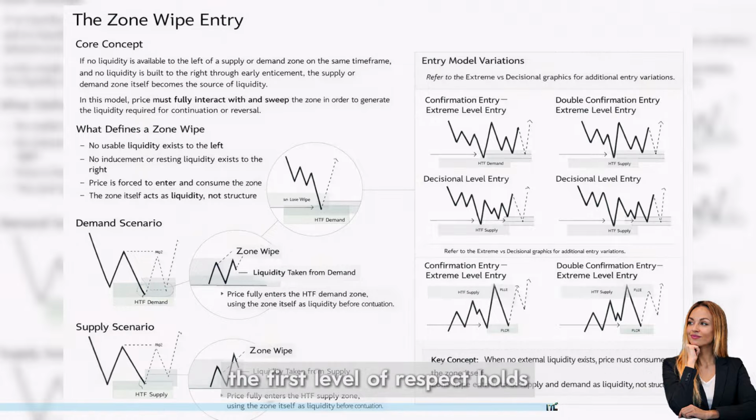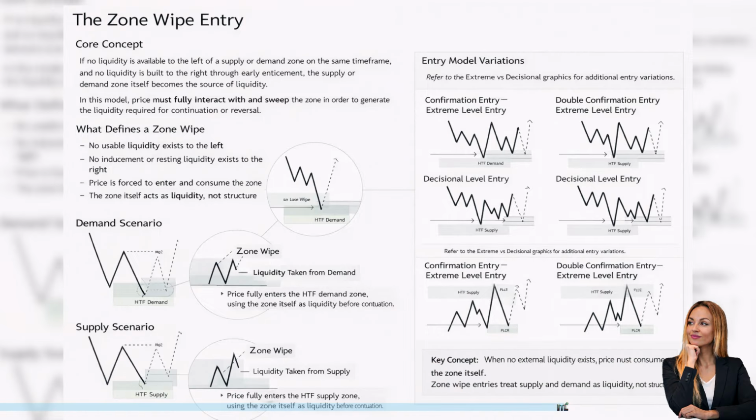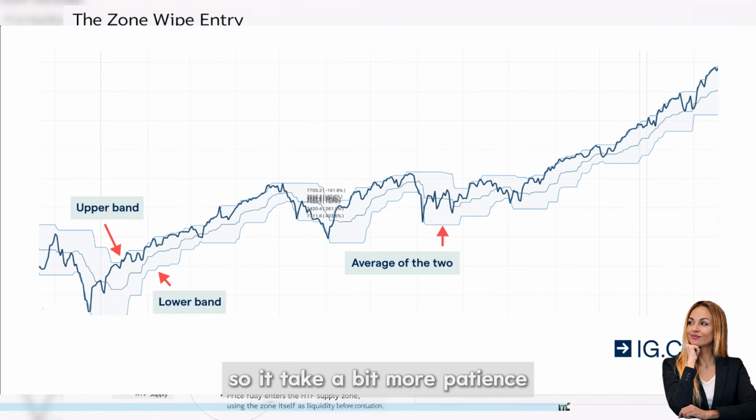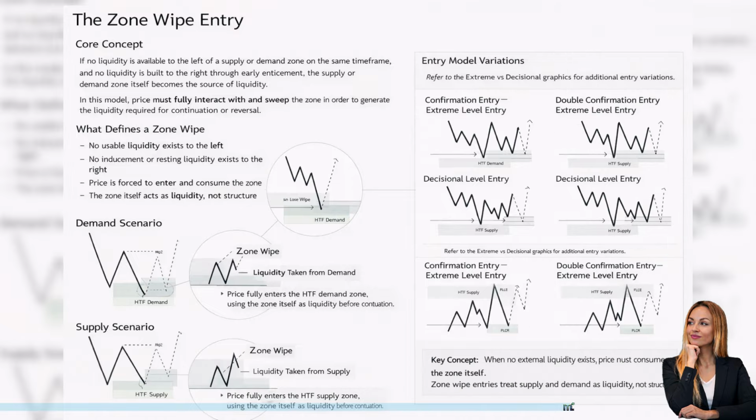The first level of respect holds, causing our last point of supply to fail, and then price trades down into our newly created demand level that we can look to execute from in the extreme. So it takes a bit more patience, but it allows you to stay grounded while the market is moving fast.